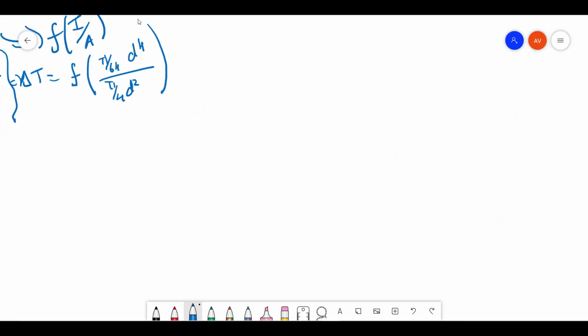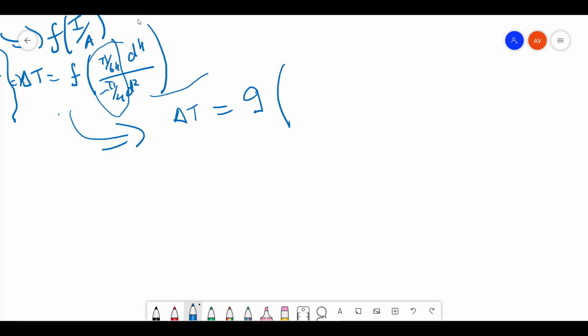Now you can rewrite this whole thing as delta T equal to some other function g, where the constants can be taken out. So it is some function of d raised to 4 by d square, which is again some function of d square.